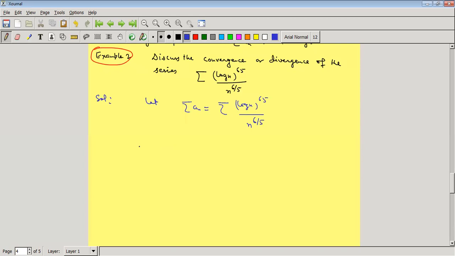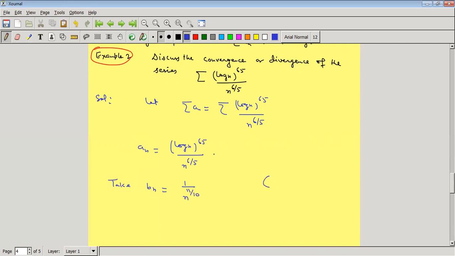So here An is equal to (log n) to the power 6/5 divided by n to the power 6/5. Now in this case, how can we take Bn? I can take Bn to be n to the power 11/10.